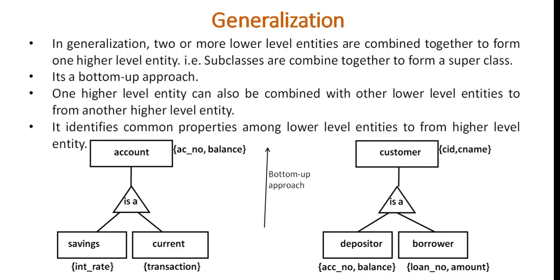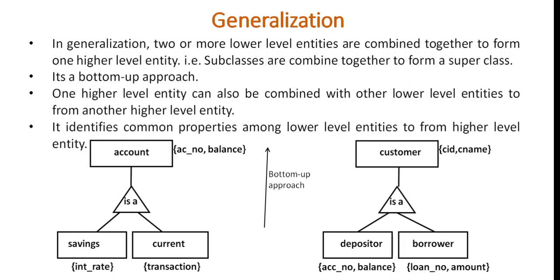So interest rate is the additional attribute of savings account, and this attribute is not applicable to current account. Current account is mainly used for business purposes, or to do frequent transactions, so the number of transactions is an additional attribute for current account. Okay, so on the basis of these two attributes we can differentiate savings account and current account.